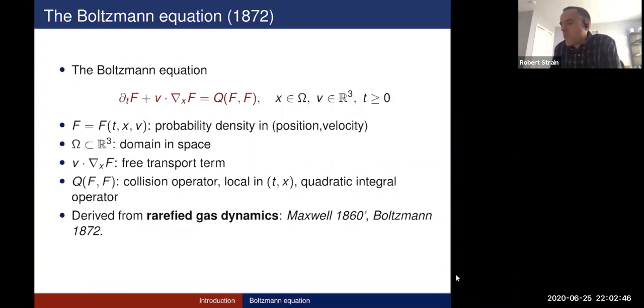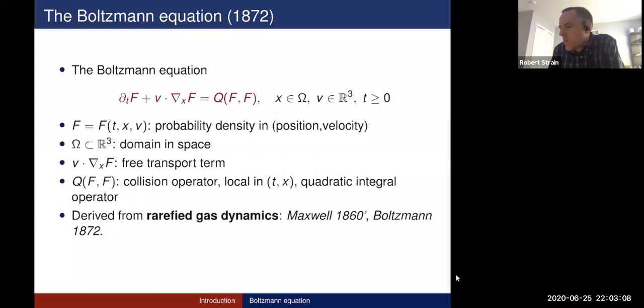And it takes this form: ∂_t F + v · ∇_x F = Q(F,F), where x is in a domain Omega, x are the spatial coordinates, v is in the whole space R^3, these are the velocities, and time is going forward.